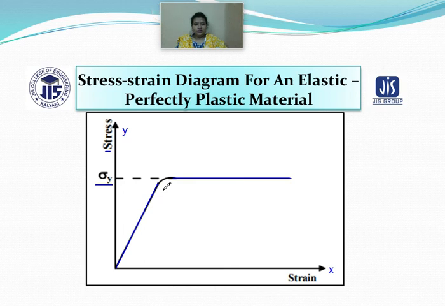That means the stress value increases linearly with respect to strain. After a certain point there is a little bit of increase in stress, then after this the stress is constant, but there is an increase in strain. So this is basically the stress strain diagram for elastic and perfectly plastic material.